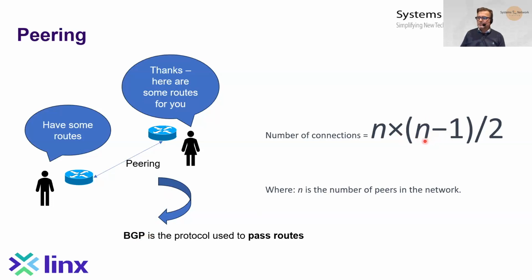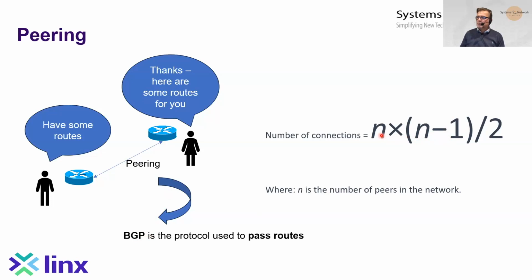In fact, that's what this equation on the slide is trying to show us. So N here is the number of, for example, ISP routers that want to interconnect to build peering and share routes amongst other internet service providers.